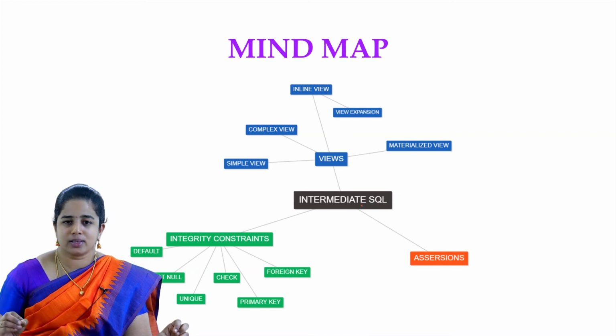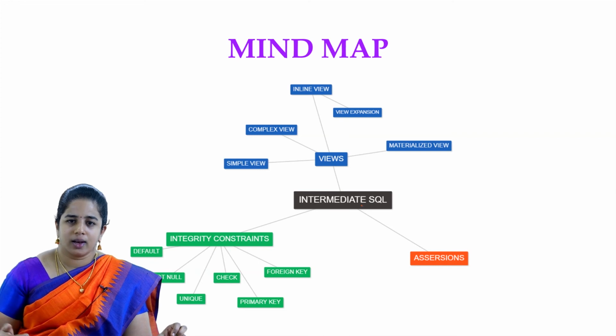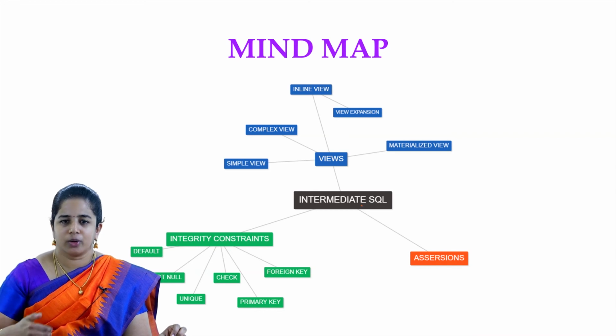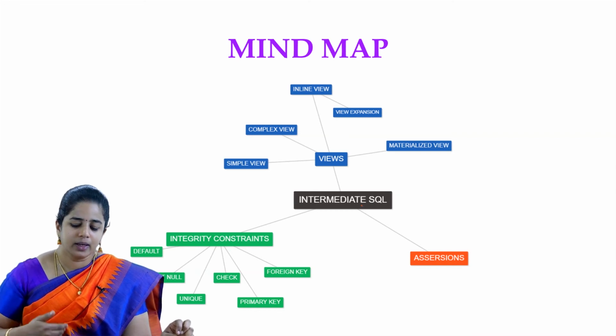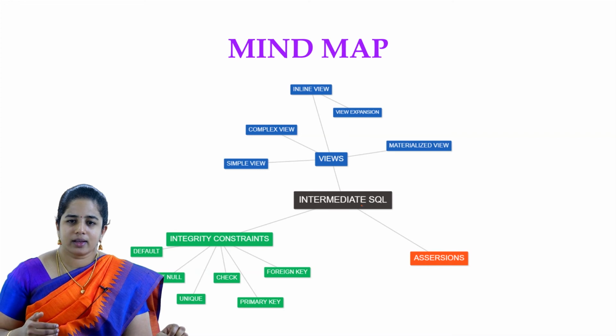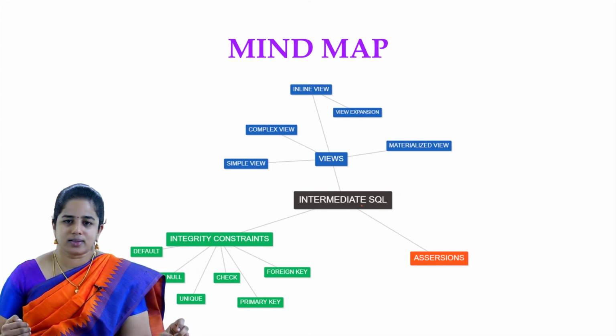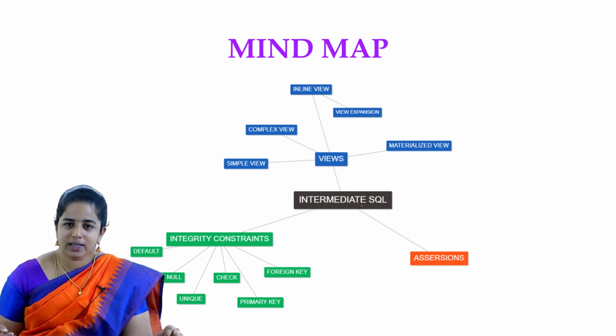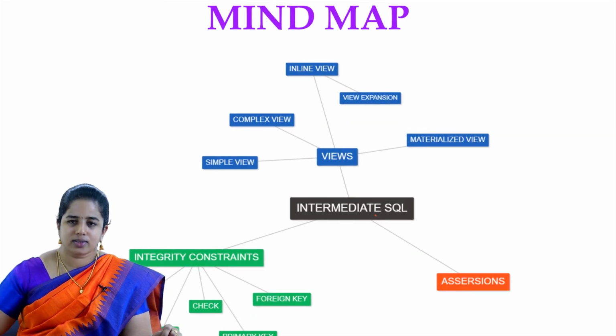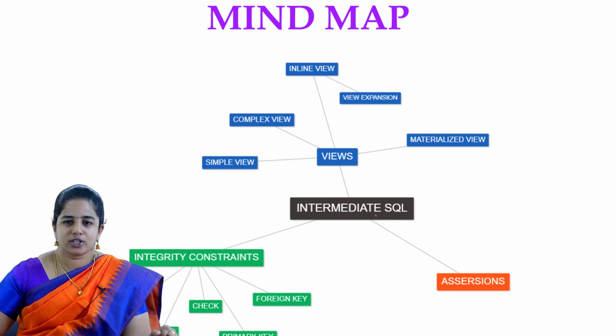If any duplicate or null values are there, it will give a warning message like you have entered a duplicate value or the entry is null, please enter the correct value. Likewise, some warning messages will be displayed. Primary key constraint is a combination of not null and unique constraints. And lastly, the foreign key constraint, which provides a child-parent relationship.